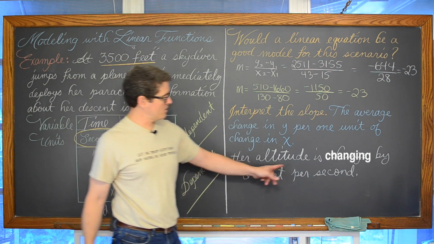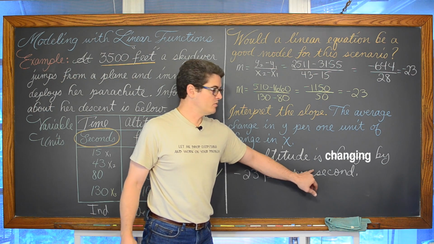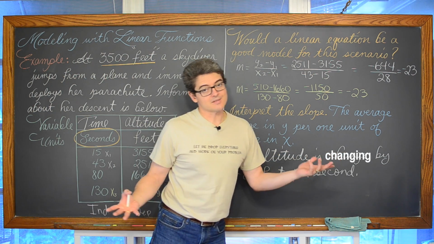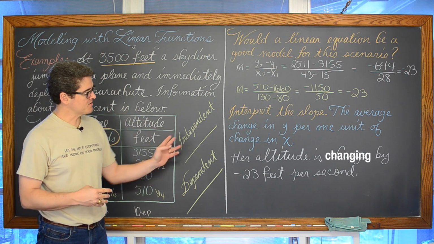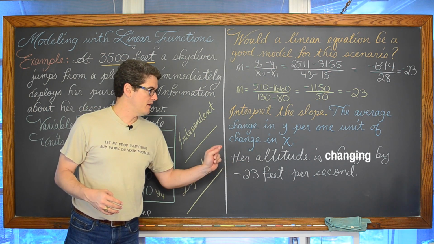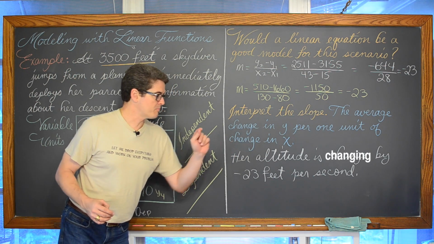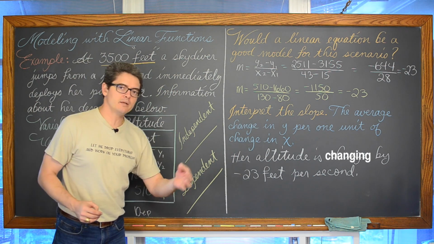Okay, and the word per, plus there's no unit of measure in front of the second, and there's no s on it either, so that kind of implies that my change in x is going to be 1. So her altitude is changing by negative 23 feet per second, or for every 1 second of time that goes by.